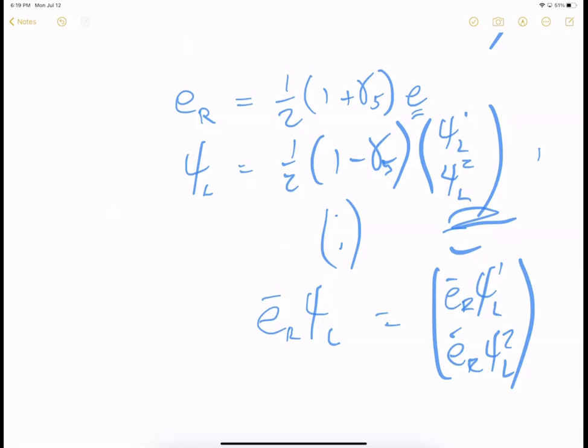You've probably seen that, right? Where you've got the Mexican hat potential and all of that. It's a fairly simple idea, but what you may not have seen with that is that that Higgs scalar is actually a complex doublet.